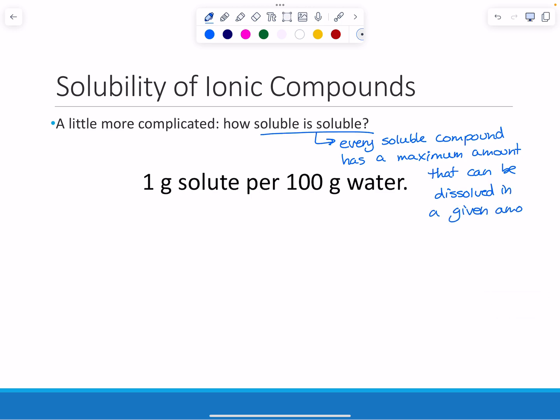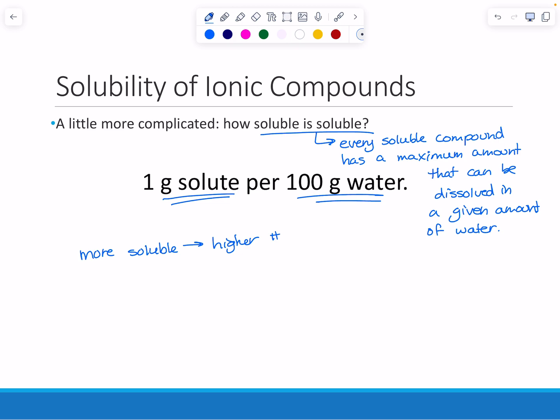And so we typically express these in grams of solute per 100 grams of water. So something that is more soluble is going to have a higher number of grams that can go into 100 grams of water.